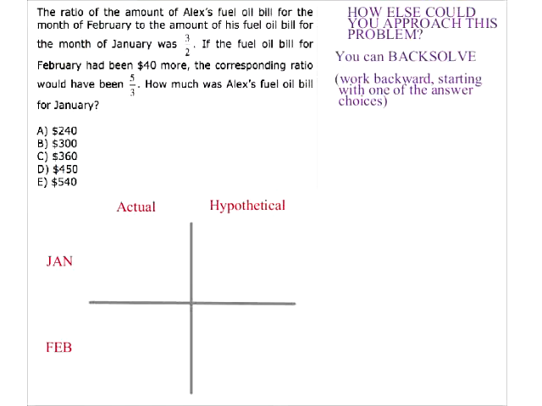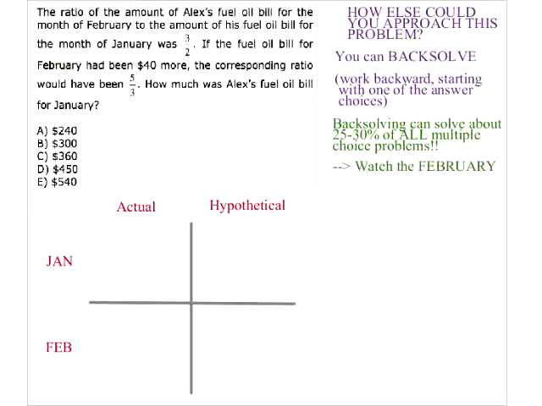But backsolving can solve about 25 to 30% of all multiple choice problems. I mean, that's amazing. So much better than any textbook technique that you could learn. So this should be your #1 priority if you don't know how to do it already. If you don't know what backsolving is, then watch the February 4th, 2010 study hall archive.